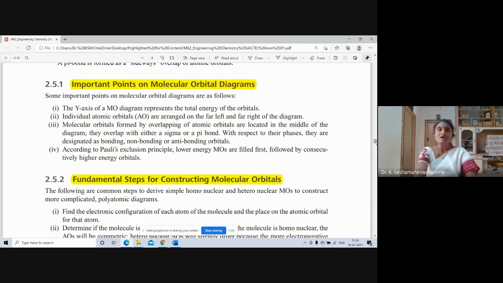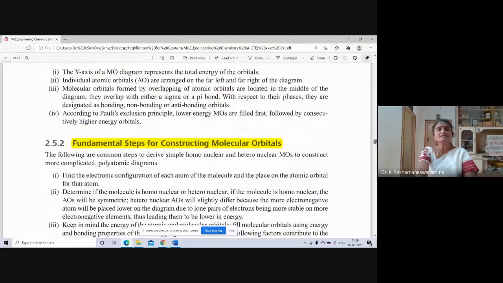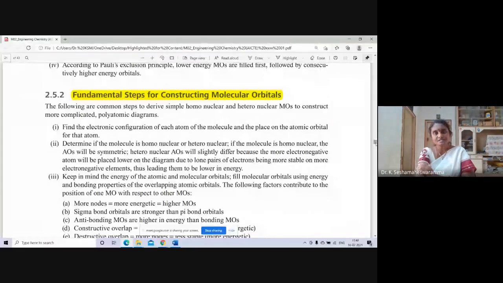According to the Pauli exclusion principle, lower energy molecular orbitals fill first, followed consecutively by higher energy molecular orbitals. So, the fundamental steps for constructing molecular orbitals: First, find the electronic configuration of each atom of the molecule and place the atomic orbitals for that atom.